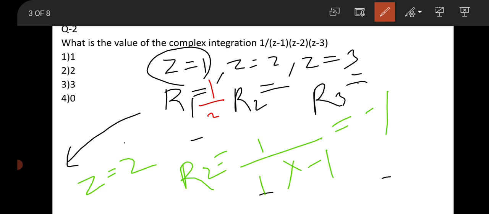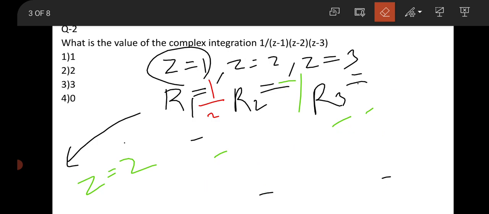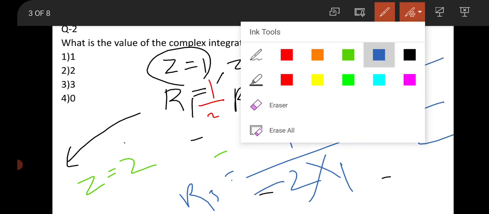So residue r2 equal to -1. Similarly, for z equal to 3, the residue r3 will be 1 by -2 into 1, which is -1 by 2.